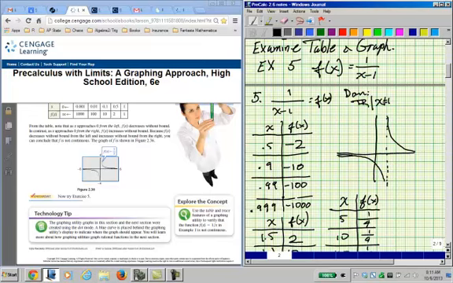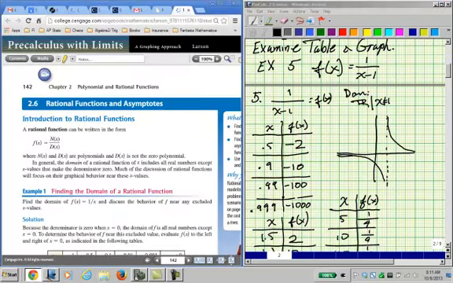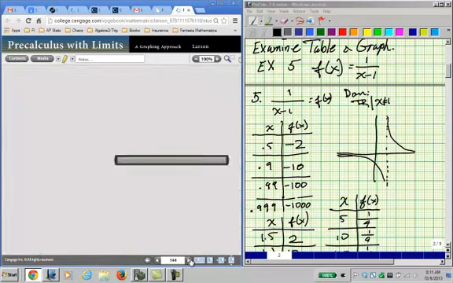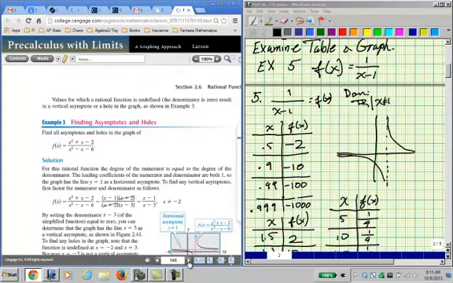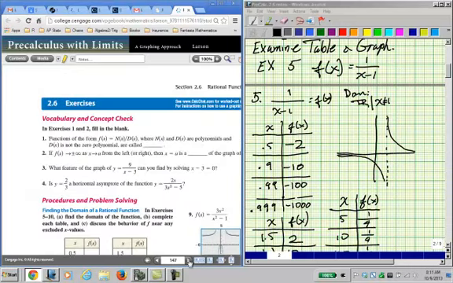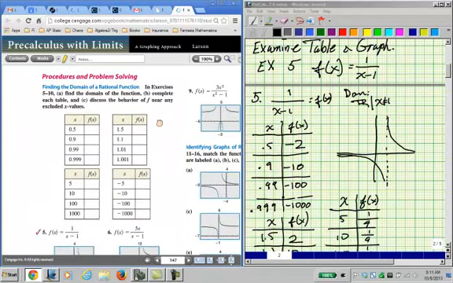But in exercise 5, let's take a look at exercise 5 here. Here you're supposed to fill out these tables. Okay, so they're filled out here, and so when x is 0.5, f of x is negative 2, and x is 0.9.